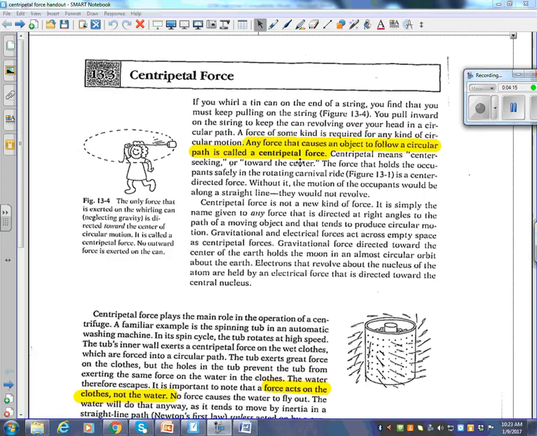Now, if you've been to the fair, you know they've got that ride where you walk in, it's in a big circle. It's open, right? It just looks like a big salad bowl.